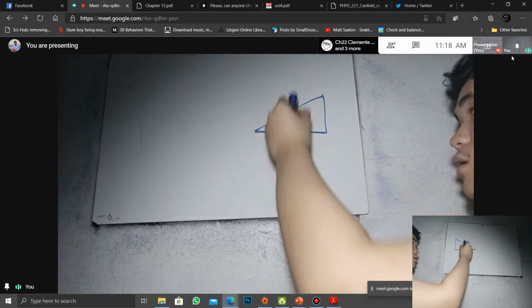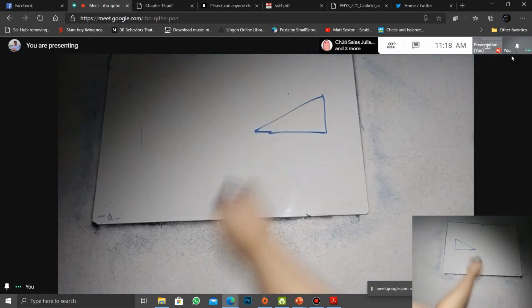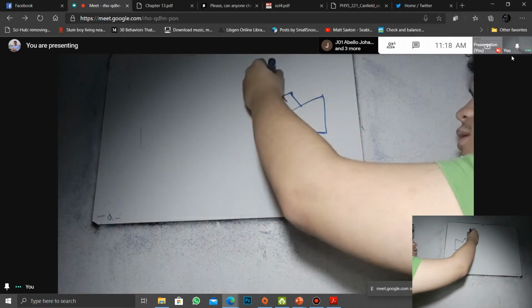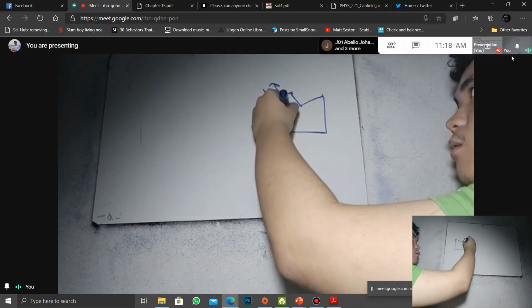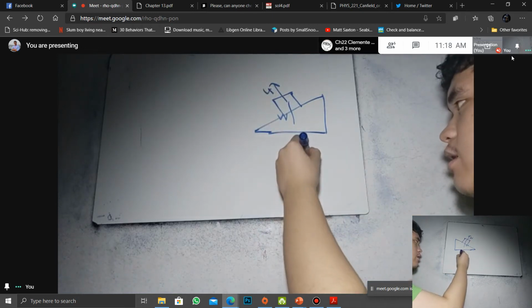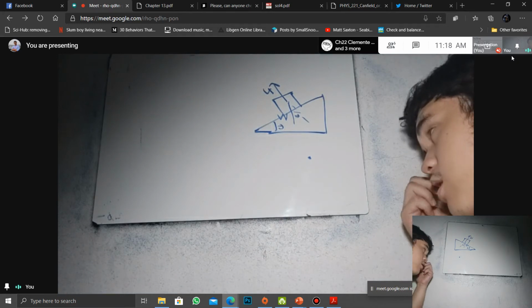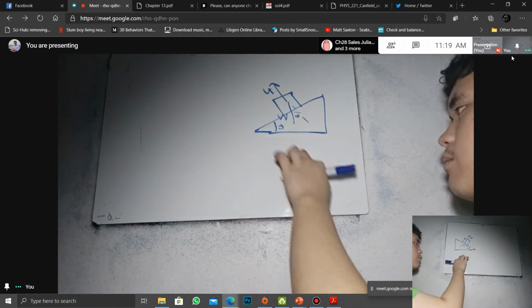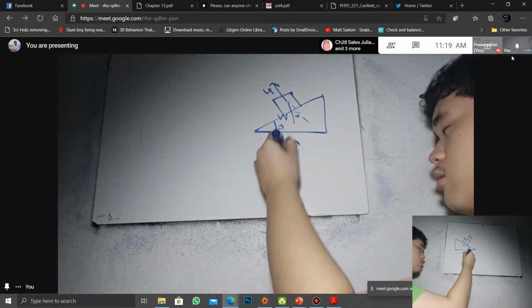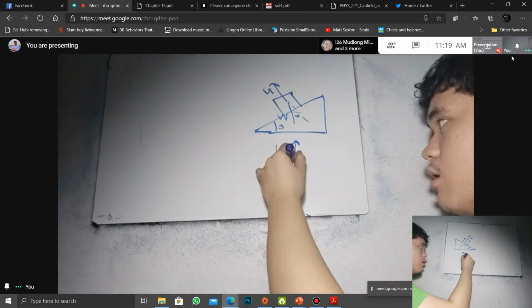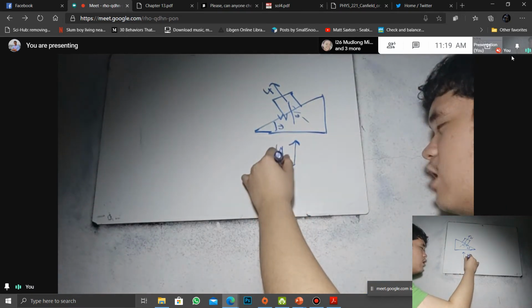So, ganoon lang din kanina, incline. Wala masabi friction. So, N, wait, di ba? Alala niyo kanina? Kung theta to, di ba? So, ayusin natin yung free body diagram. N, weight, theta.